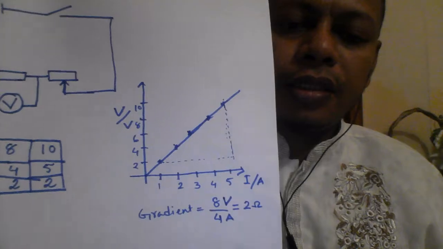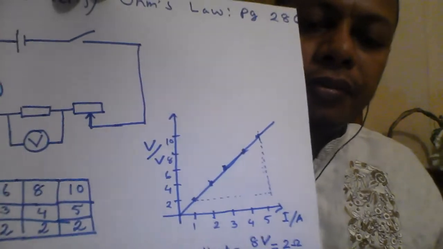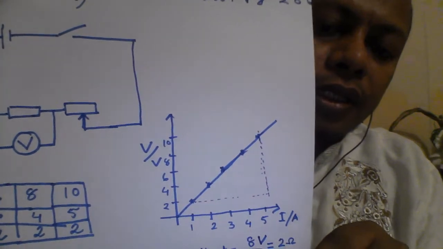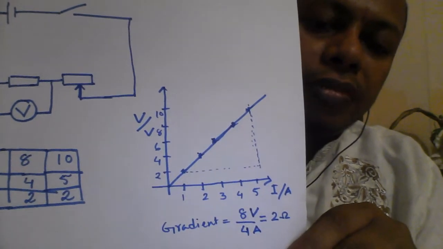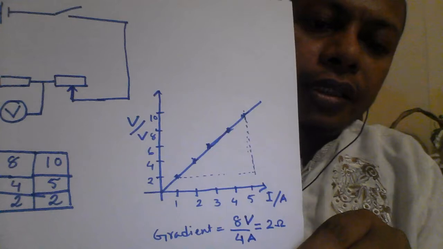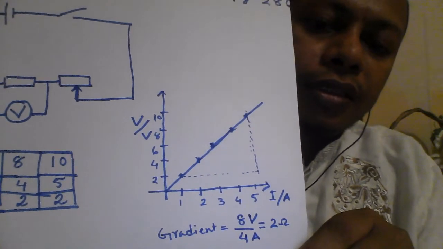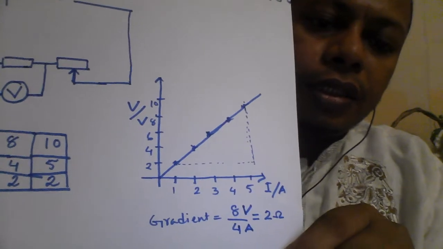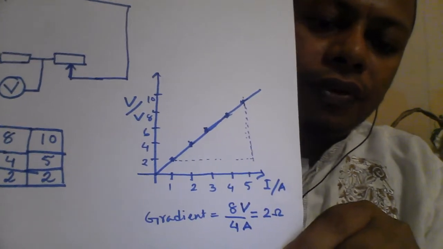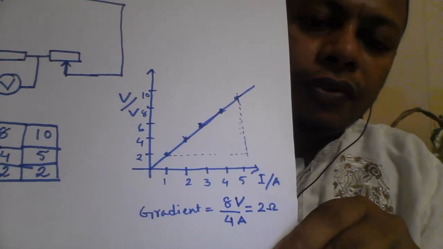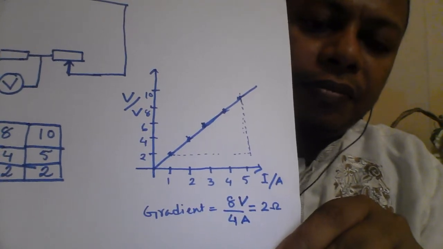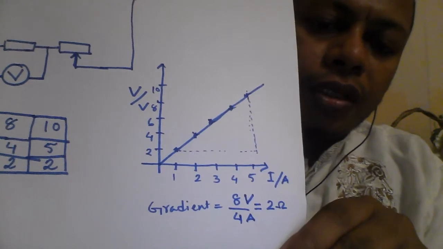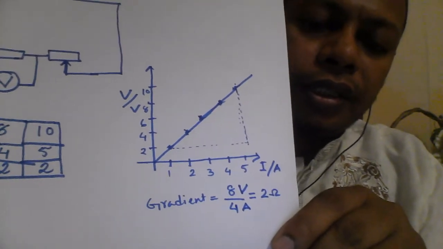You see I took here 2 points, the first point and the last point, and I made a triangle, and for this triangle the voltage part we are getting 10 minus 2, 8 volt, and for current part we are getting 5 minus 1, that is 4 ampere. You know how to calculate the gradient.